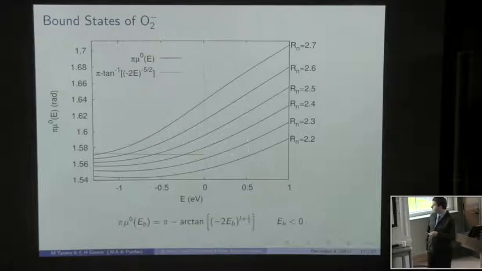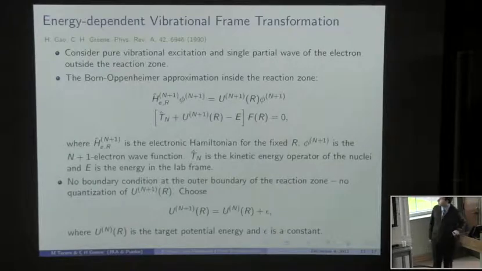These quantum defects can also be used to determine the bound states of the negative ion using this equation, and basically the energies can be determined as the intersections of these curves, and these curves are quite smooth for small negative energies when the state is weakly bound.